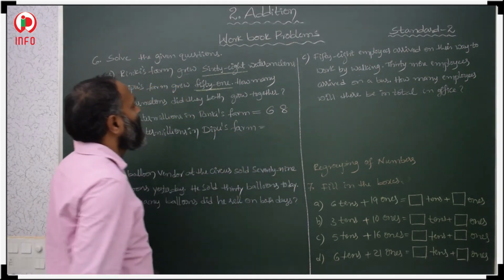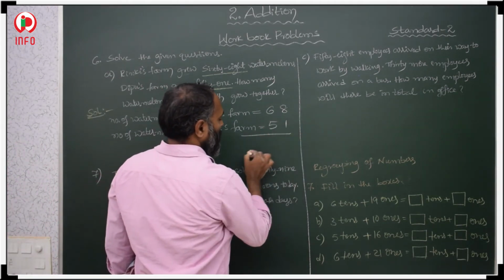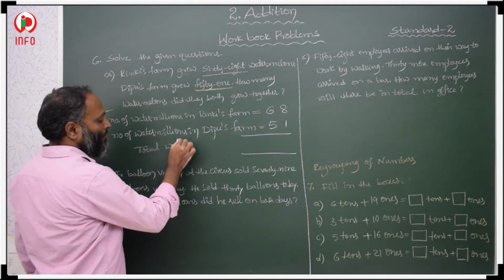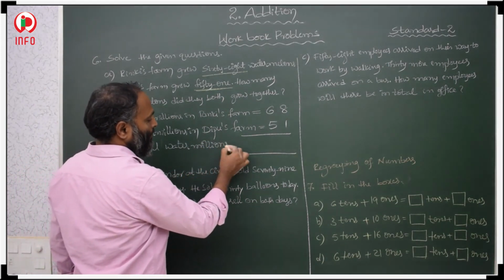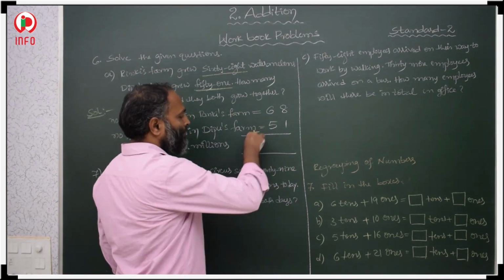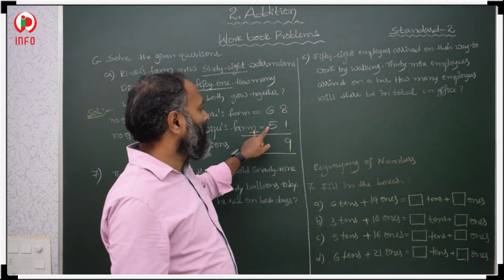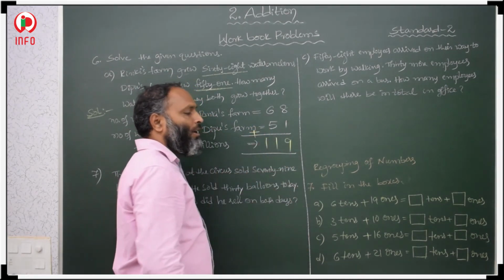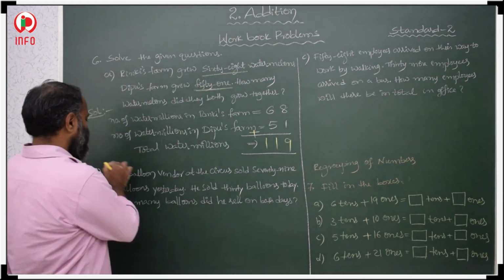How many? 51. Now we have to find the total watermelons. Total means we have to add. 8 plus 1, 9. 6 plus 5: 6, 7, 8, 9, 10, 11. Total 119 watermelons.